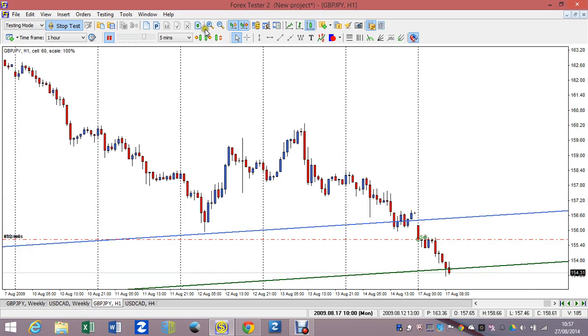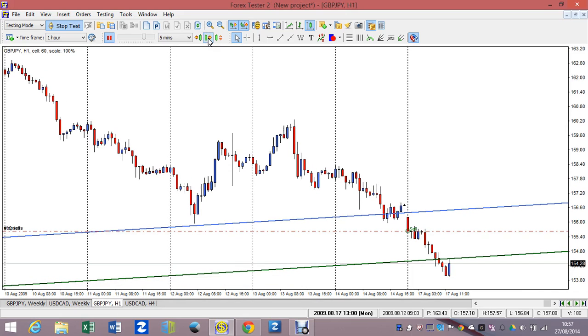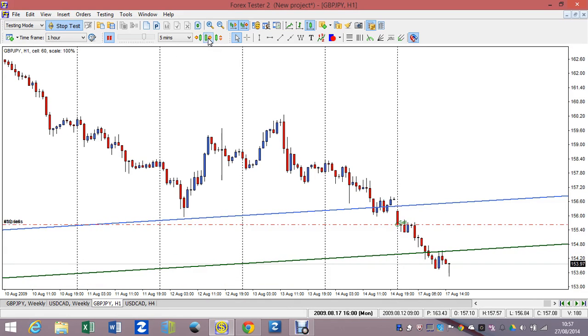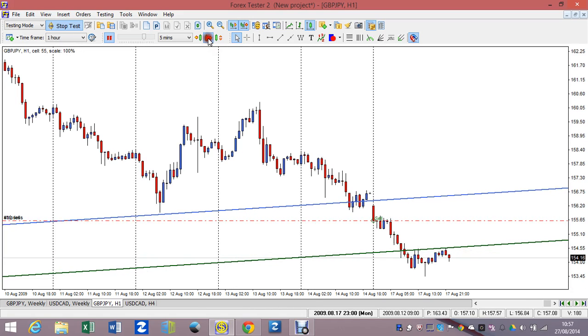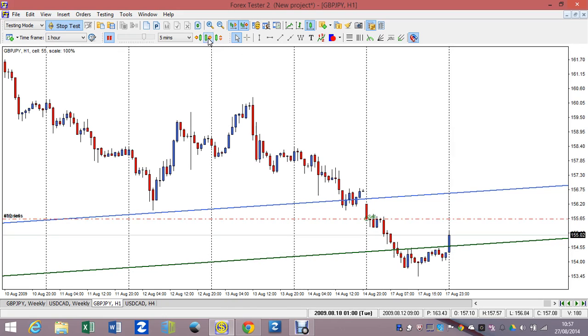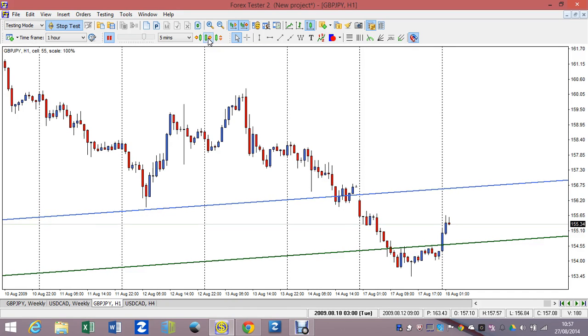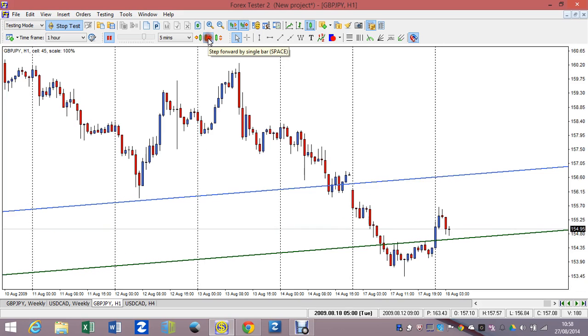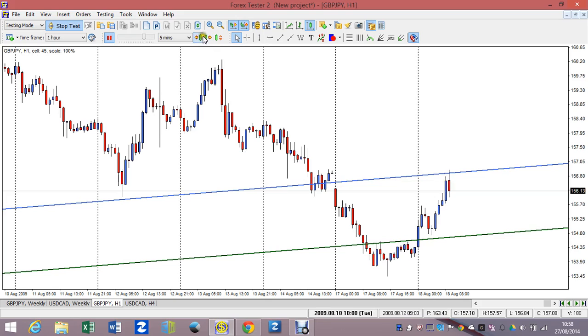Maybe the pound yen will work out, and maybe it won't. There's a retest.